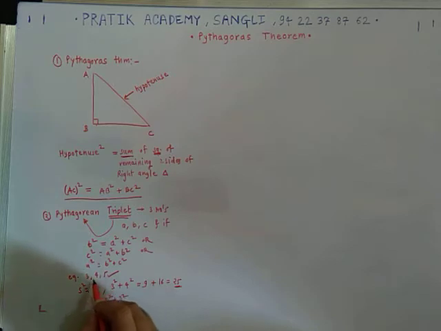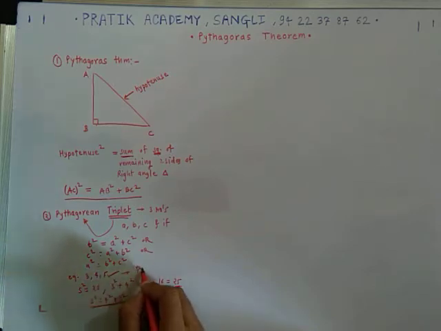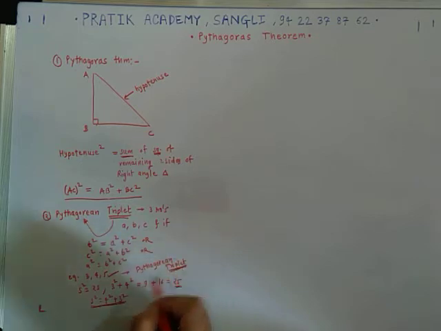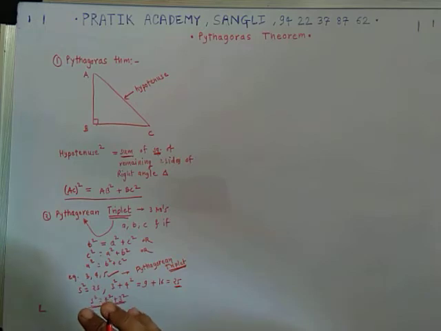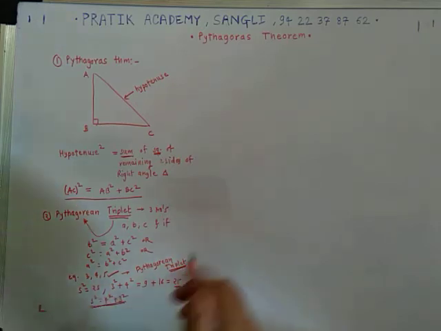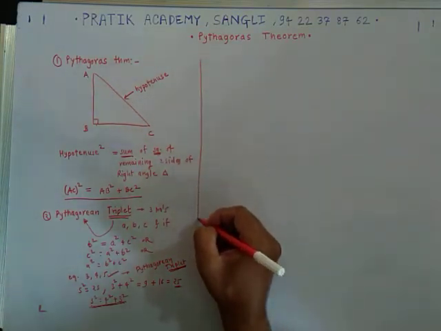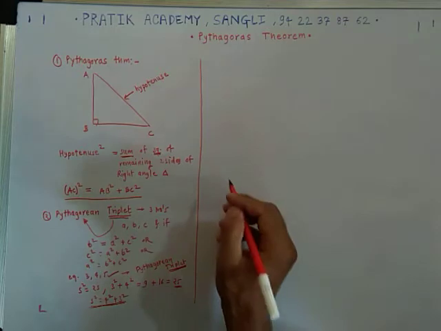Then we can say that this triplet 3, 4, 5 is a Pythagorean triplet. If it is not coming, then that triplet is not a Pythagorean triplet. So this is the second important formula or concept in this chapter.